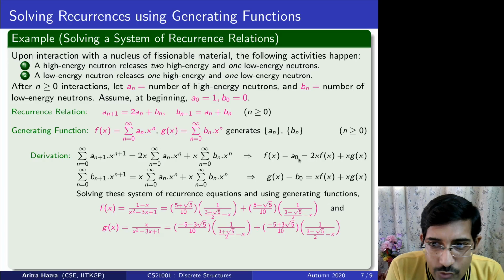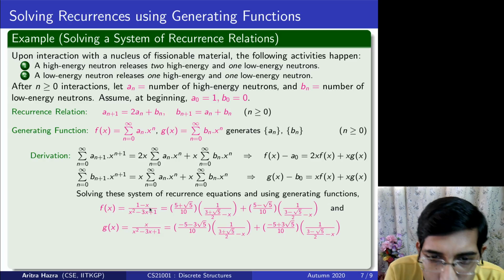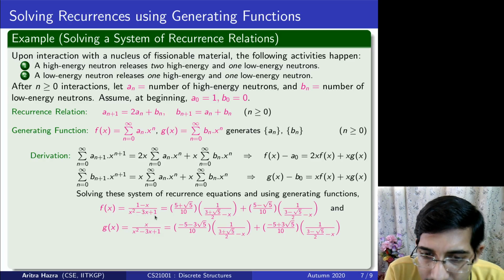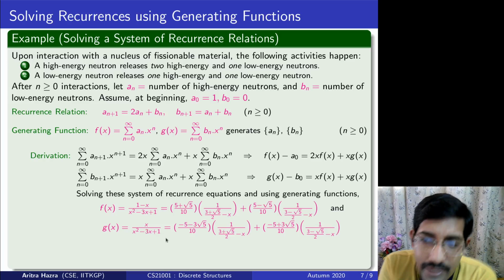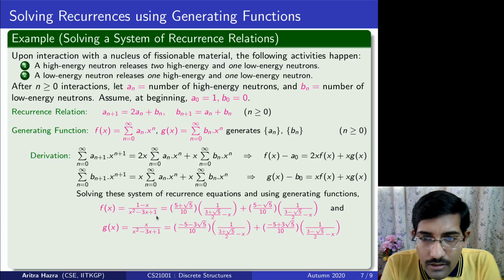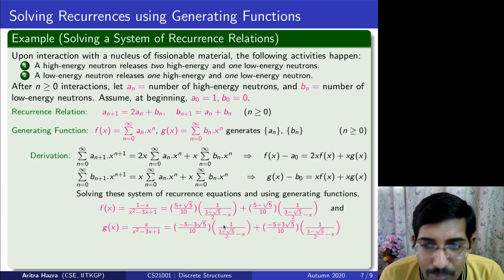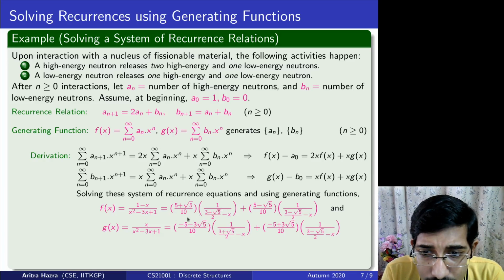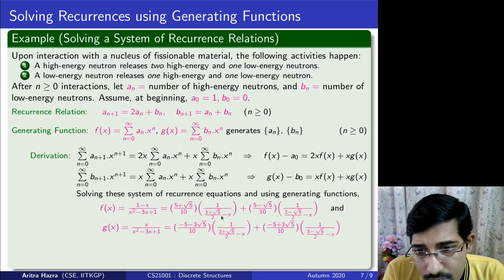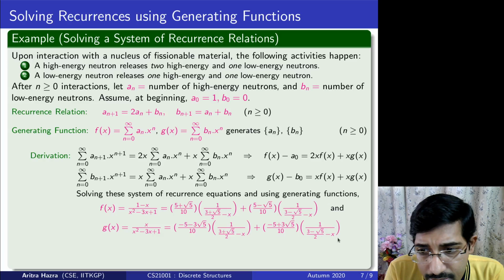If you solve it with A0 equal to 1 and B0 equal to 0, we will get f(x) equal to (1 minus x) divided by (x squared minus 3x plus 1) and g(x) equal to x divided by (x squared minus 3x plus 1). The rest I am not telling you, because it's a simple jugglery to form this kind of sum of alpha minus x and beta minus x, gamma minus x and delta minus x.